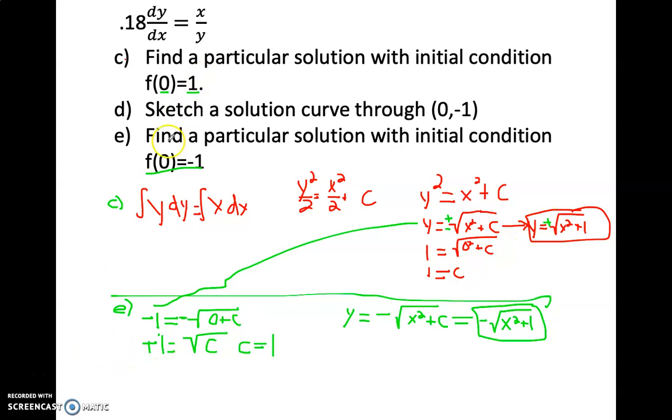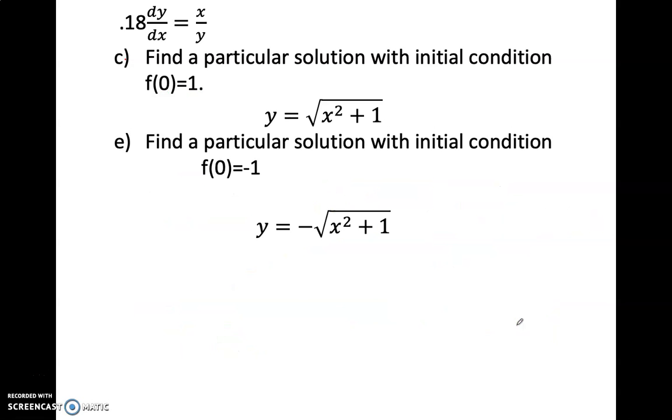Now for letter E, the output is negative, so when I'm using this part of the equation, I'm going to choose the negative. So I'm really doing negative 1 equals negative square root of 0 plus c. Dividing by negative 1 gives me that. Squaring both sides gives me c equals 1. So c still stays 1, but I'm using the negative version of the equation. So that's the difference between these two. I probably should have just done that right away. All right. And that's why the answers look like this.